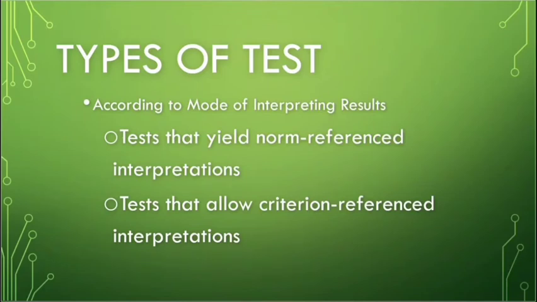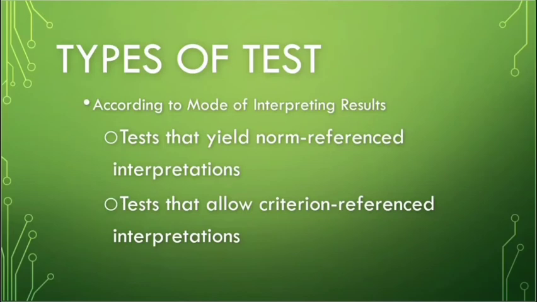This also includes standardized achievement tests, because we are going to compare the results of the testing, and then we shall identify the rank, for instance, the relative rank or position of the test taker. So this measures students' performance in relation to the performance of a group in a test. So that's what we mean by norm reference. There is a comparison of the performance of student A to the other students inside the classroom.